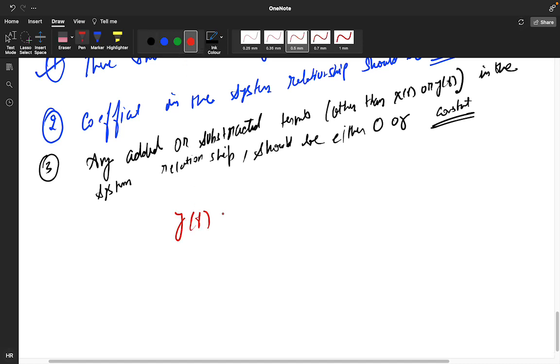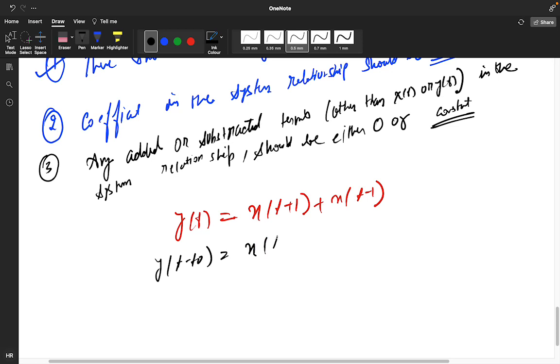y of t equals x of t plus 1 plus x of t minus 1. So will this be time variant or time invariant? What will be y of t minus t naught? x of t minus t naught plus 1 plus x of t minus t naught minus 1.